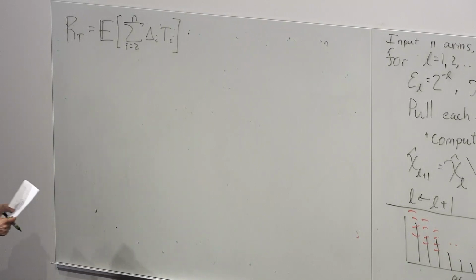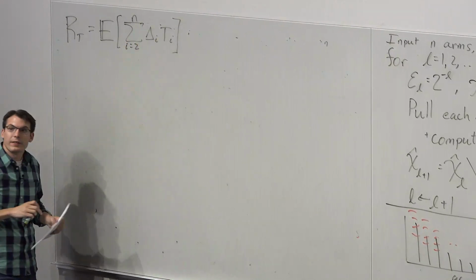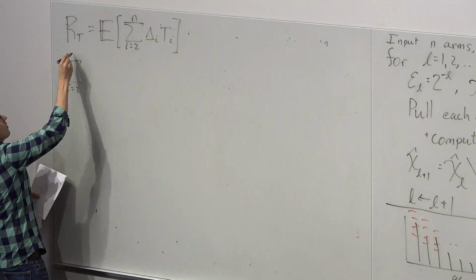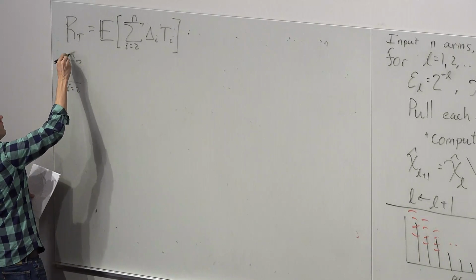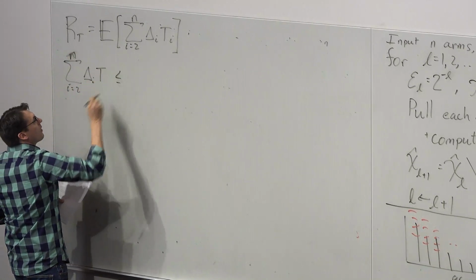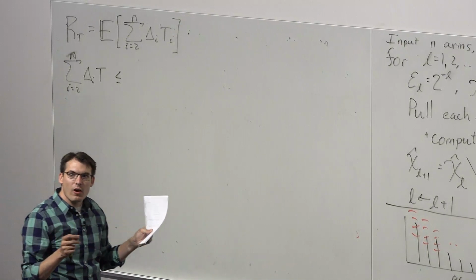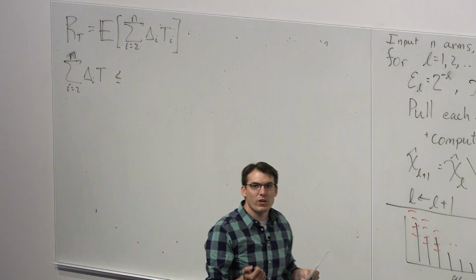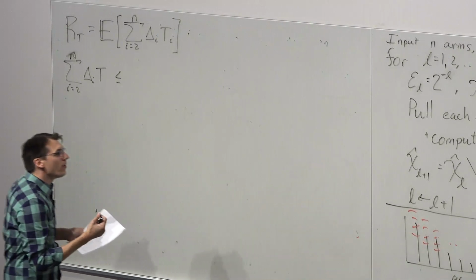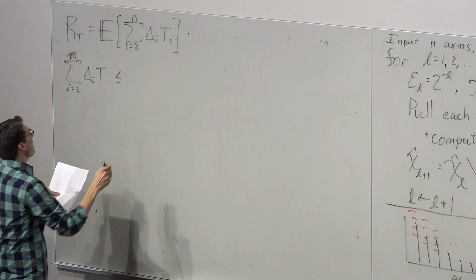And now what we can do is I'm just going to upper bound this with high probability. Because on event E, I never have arms that are worse than 8 epsilon L in X L. And that's going to be helpful for limiting how much regret I can actually incur.